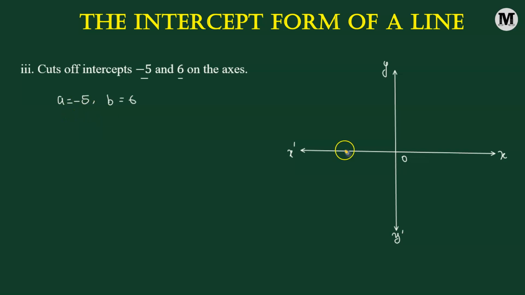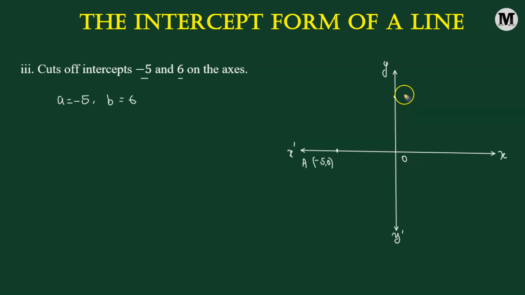Since the a value is -5, we're going to consider a point on the negative direction of the x-axis such that the point lies 5 units to the left of the origin. So this particular point corresponds to the coordinates (-5, 0). Let's call it point A. And then we're going to consider another point along the positive direction of the y-axis.